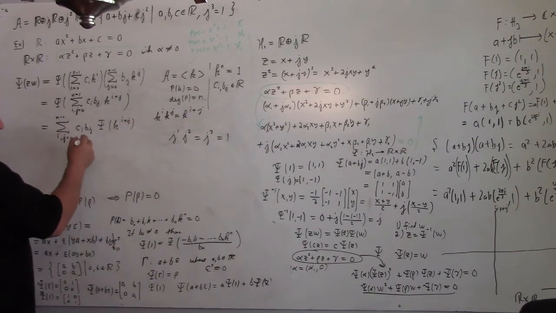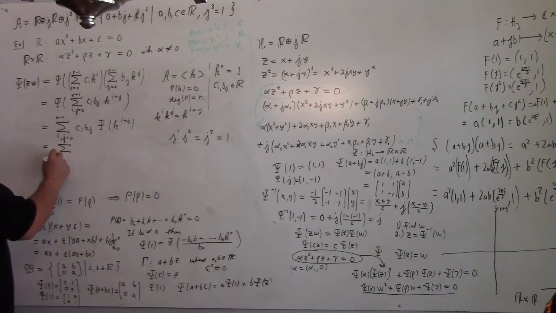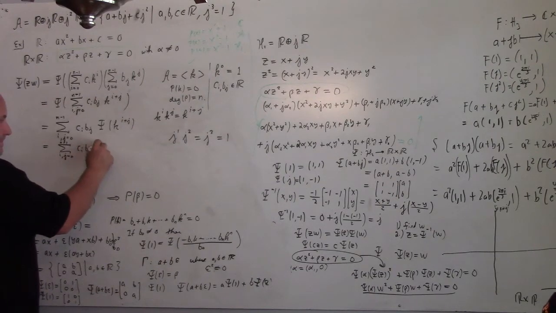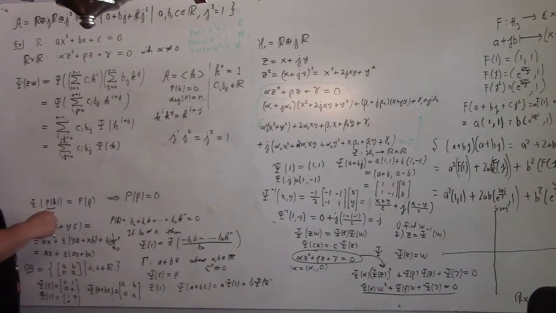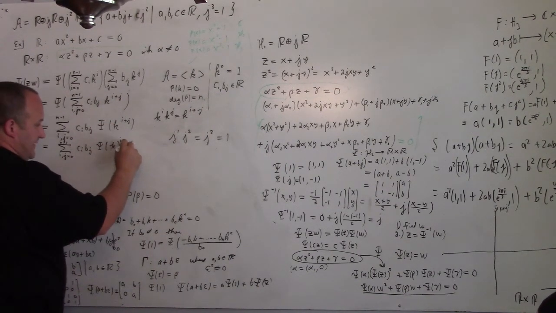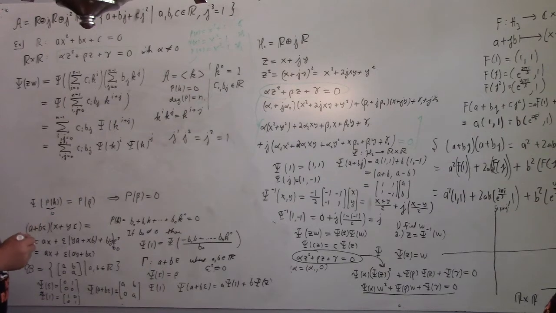Fine, I'll write more. That's by linearity. And then by our product extending rule, what do we got? So I can pull the i plus j outside, right? Yep. And then one more step, which is to rewrite it as psi of k to the i times psi of k to the j.